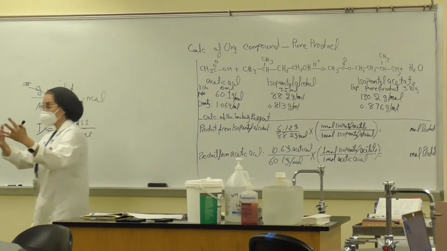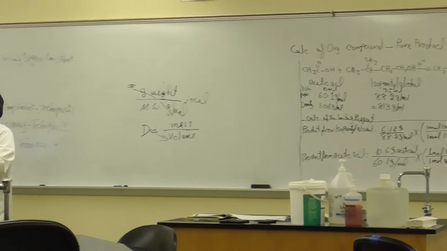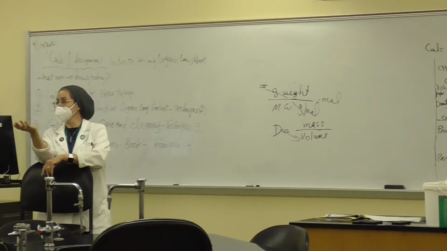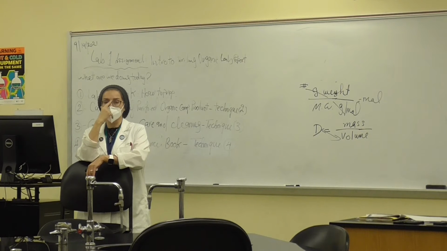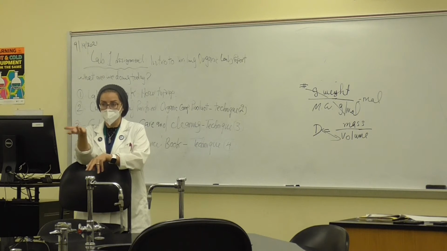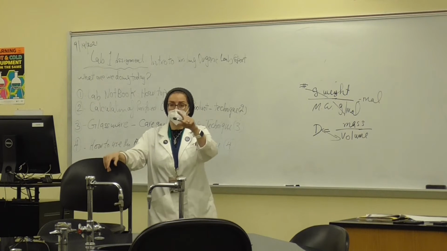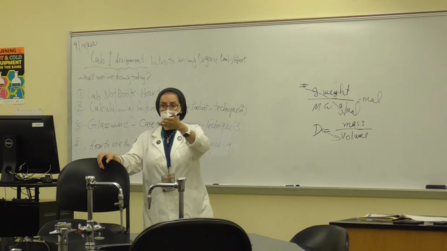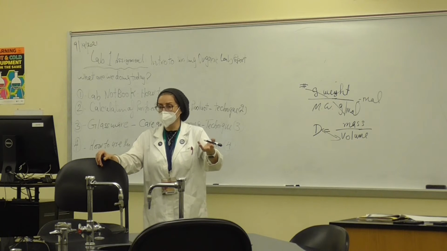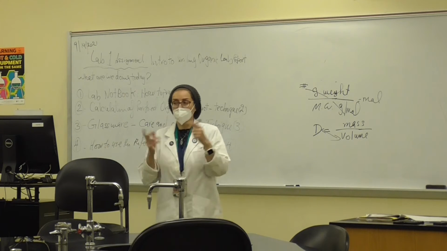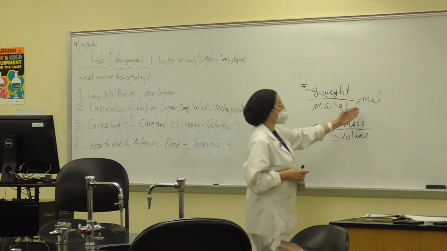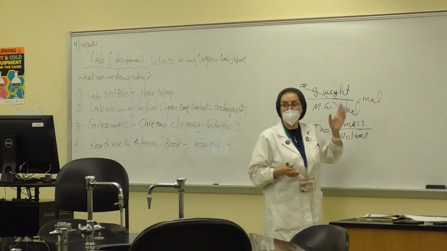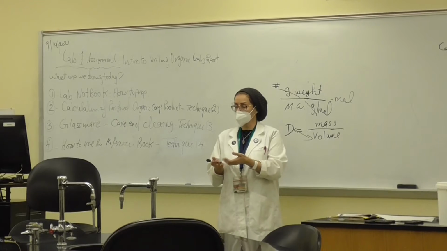So we convert milliliters every time, because some of these chemicals that we're going to use are not necessarily solid, they are liquid at room temperature. So when we do the measurement, we measure by volume, with a cylinder or pipette. Then what are we going to do? Because we want to find out the value in moles rather than in milliliters.